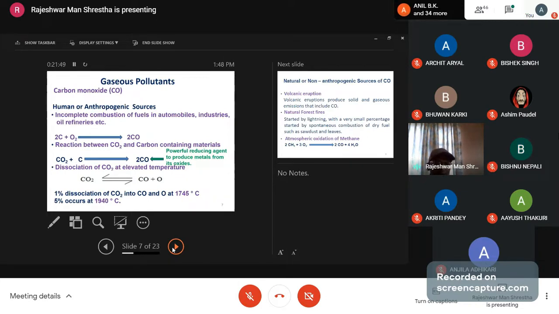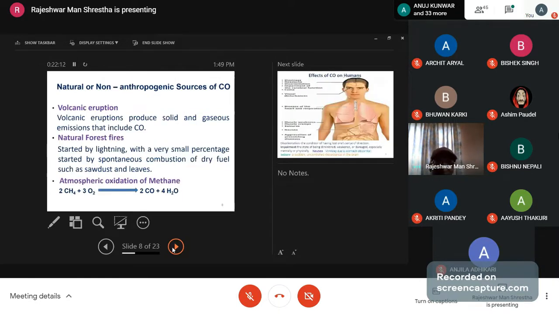The carbon dioxide present in the air decomposes only at high temperature. In this way, this third reaction is related to the production of carbon monoxide by human activities. It is indirect.